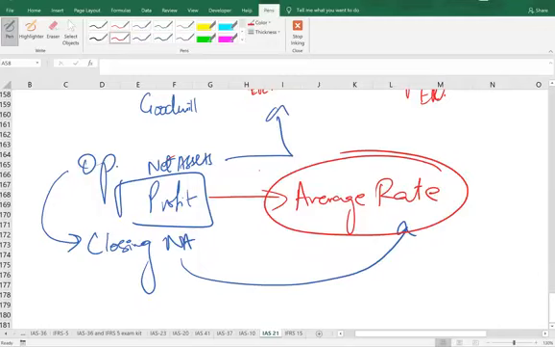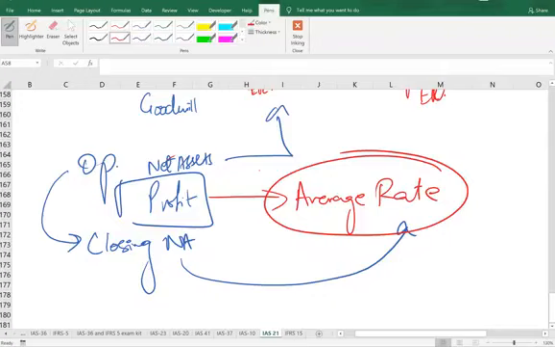All items in the statement of financial position, which is the balance sheet, should be translated at the opening rate and at the closing rate. Opening rate is basically the last year's closing rate, the rate of the last year reporting date.